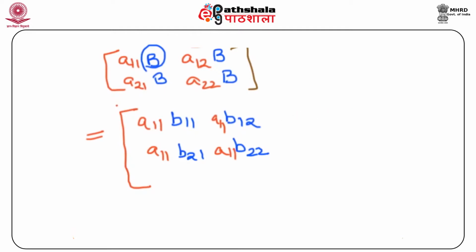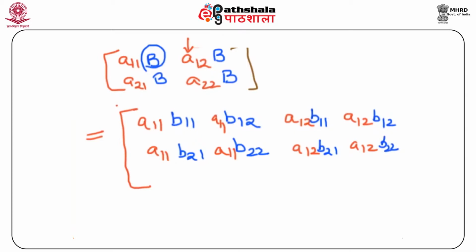Further, we take the next term, A12 into matrix B, which expands as A12 multiplied by B11, B12, B21 and B22.